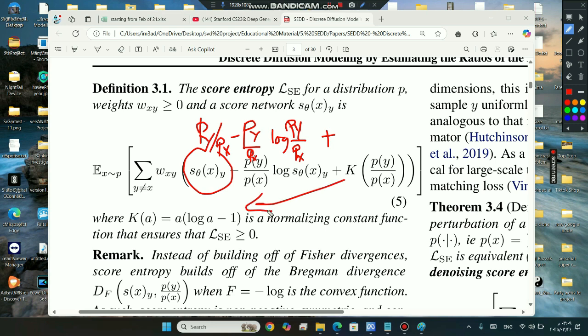This is the meaning of it. It means a times log a minus 1. So if we substitute that, it will mean Py over Px times log Py over Px minus 1, right?